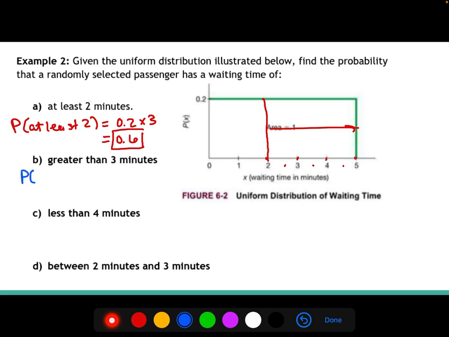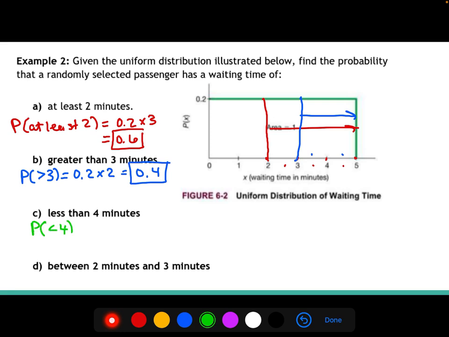Now let's try our next one. The probability of greater than 3 minutes. Here's 3 minutes, and that means everybody over here, greater than 3 minutes. That's 2 spots. So that's 0.2 high times 2 spots, a probability of 0.4, or 40%. They're going to be waiting more than 3 minutes with a 40% probability.